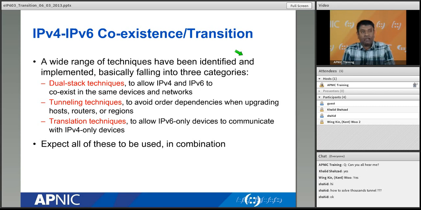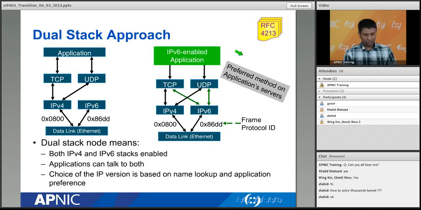As I said, use an IPv4 header on top of the V6 header, and as long as the transit doesn't support IPv6, you can use the V4 header to get across the network. And the translation technique: there will be a device in the middle between the IPv4 and IPv6 hosts, and it can translate back and forth, right? So these are the three types of transition technology that we can use.